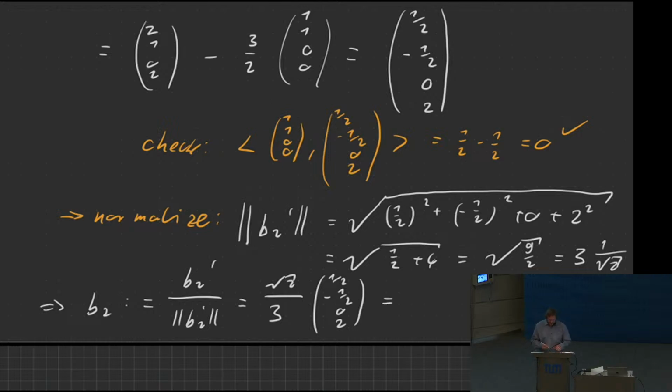And to make that a little nicer, maybe let's take out that factor 1 over 2 here, so I don't have to write it that small. So we get that times 1 over 2 times (1, -1, 0, 4). And then finally, square root of 2 divided by 2 is 1 divided by square root of 2. So 1 over 3 square root of 2 times (1, -1, 0, 4). And that is hopefully the result that I claimed, is it?